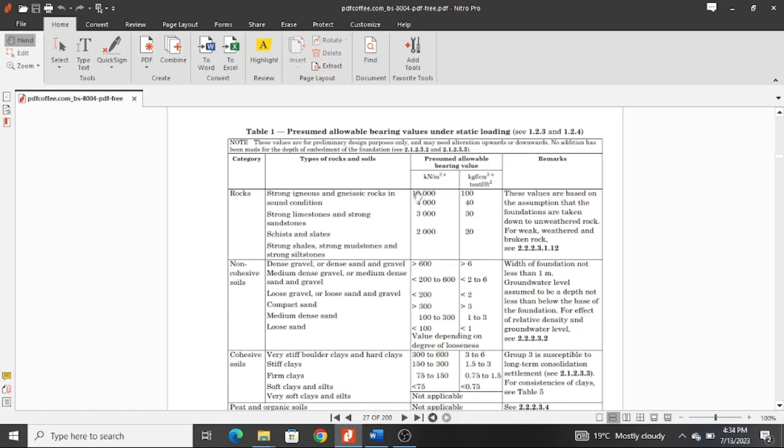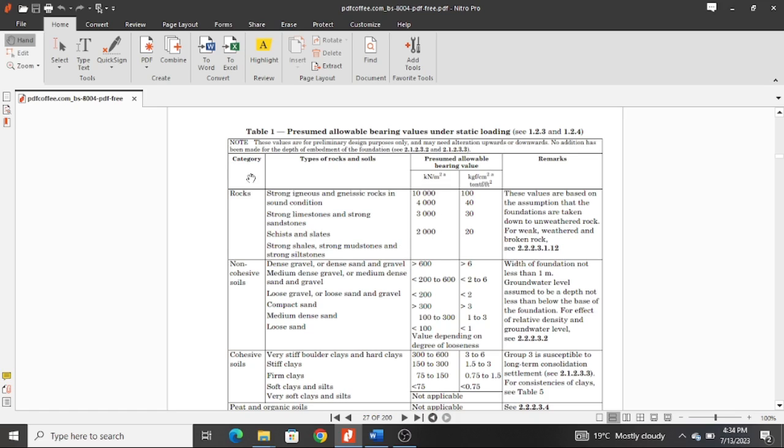And also for static loading for high rise buildings or very, very high loads, like in bridges, it is expedient that you carry out these tests to find out whether the ground where you want to lay your foundation is able to withstand.